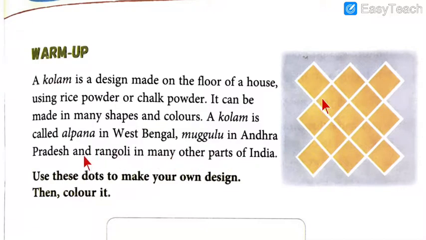So Rangoli is a very well known name, you might be familiar with, like I said. I hope that you got a good knowledge about this design and what it is called. Basically it is called kolam, but in different parts of the country the names are different.